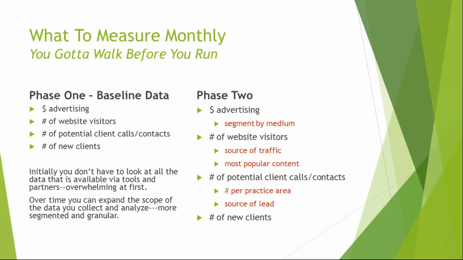If you don't track anything else, if you've never tracked anything before, this is where I want you to start. Even though tools like Foster Web Marketing's DSS and Google Analytics and lots of other tools give you a lot of data, I know that can be really overwhelming at first. So it's okay when you're getting started into the measurement game to ignore a bunch of that stuff. Get comfortable with sort of the baseline things and then expand over time.